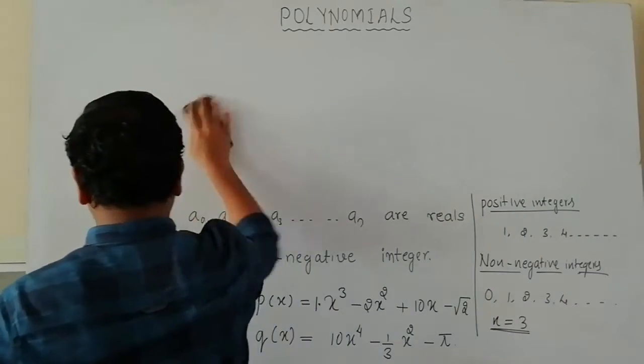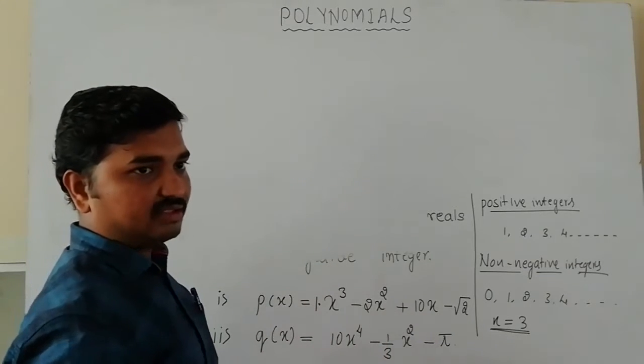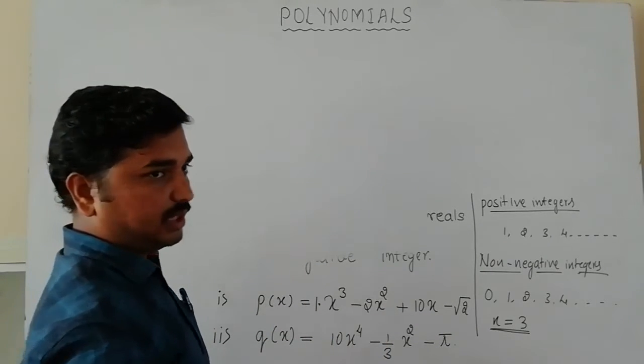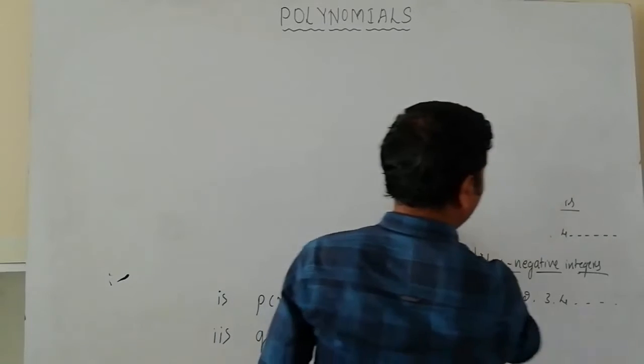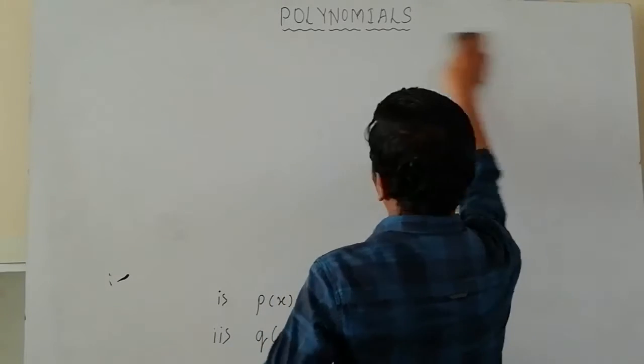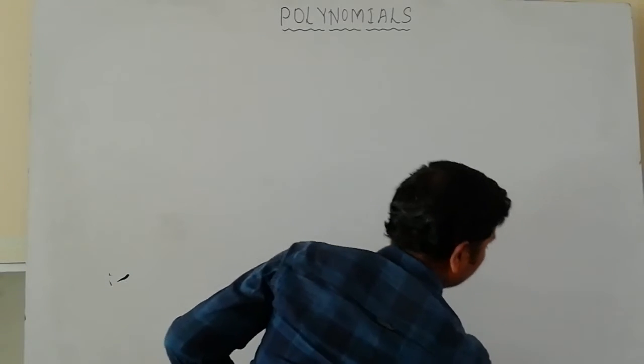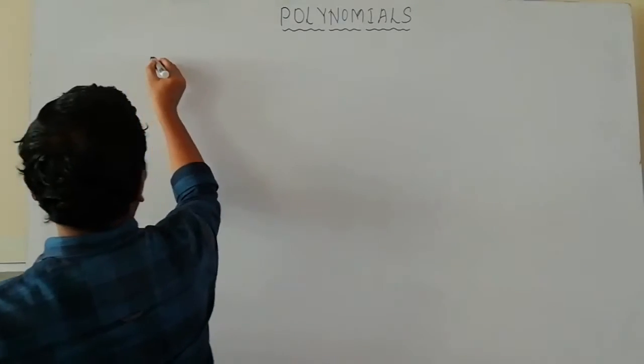So now the next thing is, you can write any number of examples. I am going to write one more example for you. So this is the third one, I think.